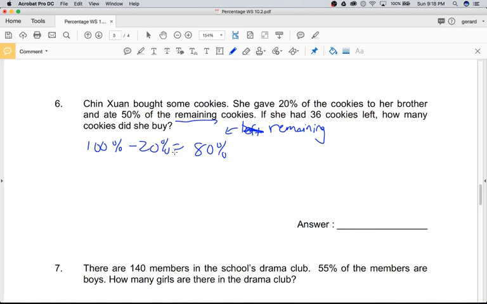With 80% remaining, she ate 50%. 50% is half. What is half of 80%? Half of 80% is 40%.